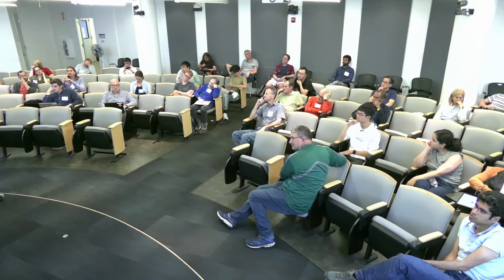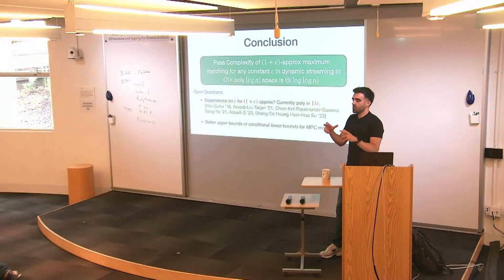There are going to be implementation details that I did not talk about. But really the way the algorithm works is that you select a subset of vertices and look at what happens internally between those vertices at the end of the stream.